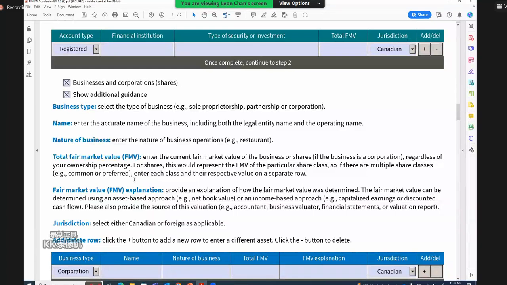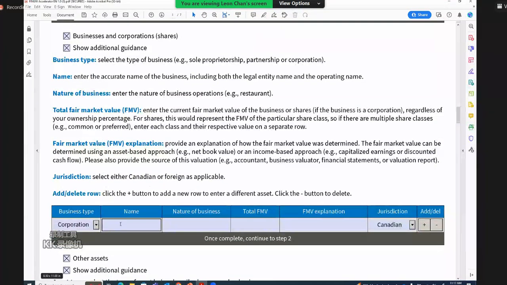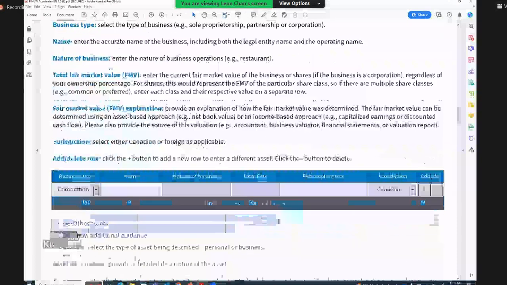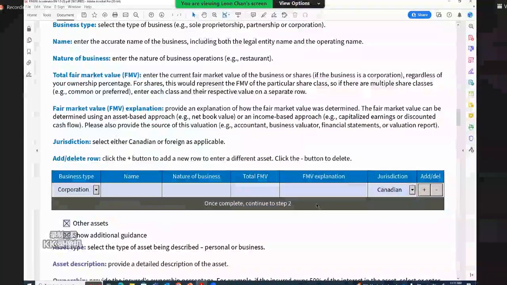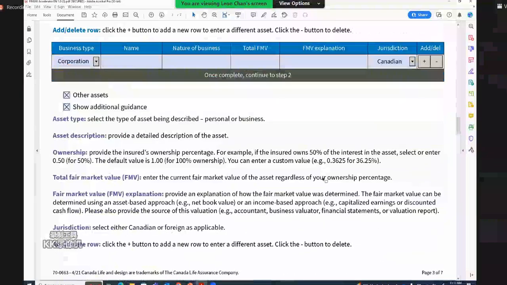That insured individual that we're looking at here, what's his ownership and how to trace that back down, just to understand what his ownership is, the name of the business, the nature of that, the fair market value of the business, and an explanation, if that was to be provided, whether it be, let's say, an accountant, a business valuator, or a valuation report, that can help in putting down how that fair market value was calculated.